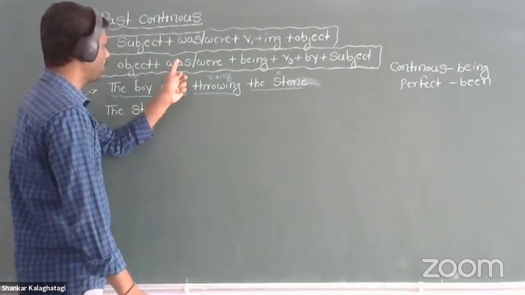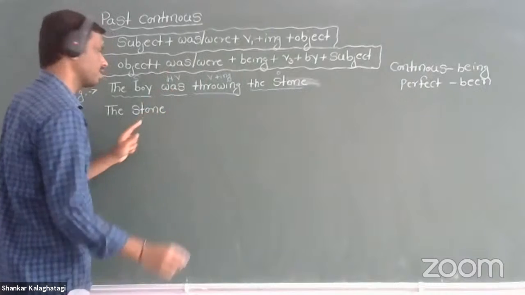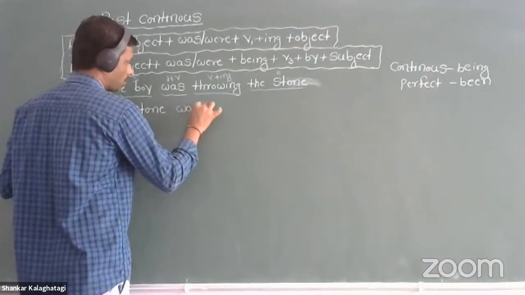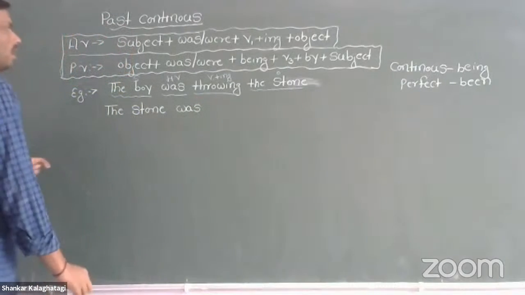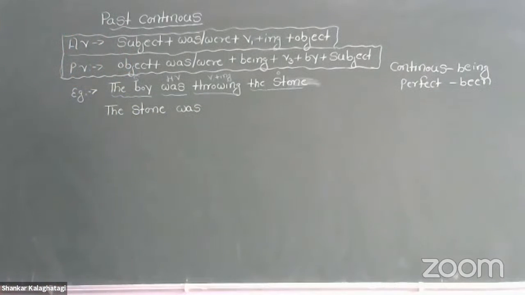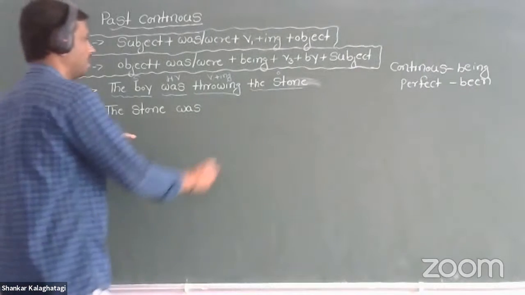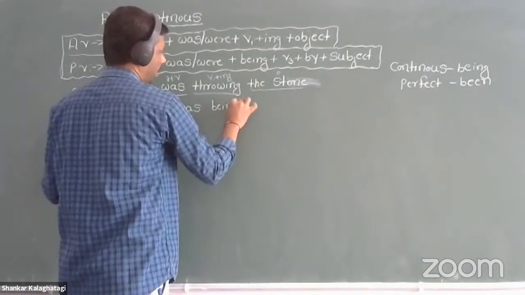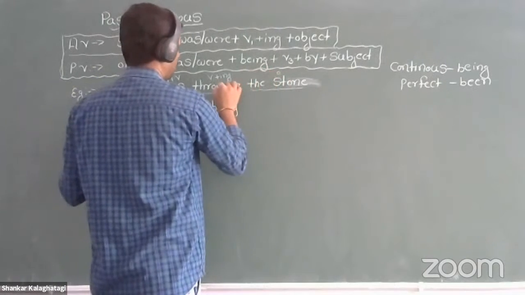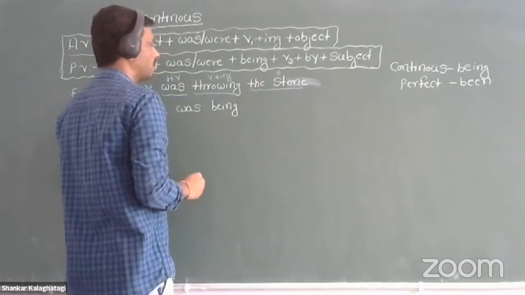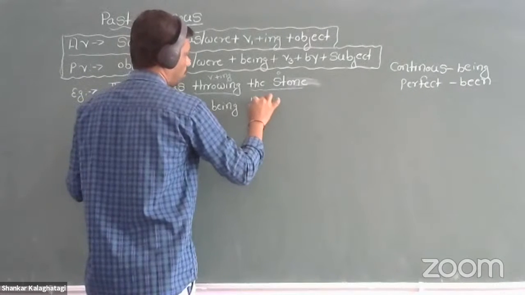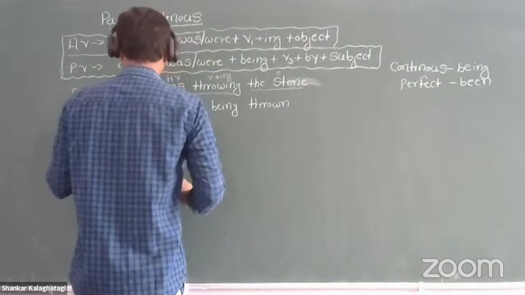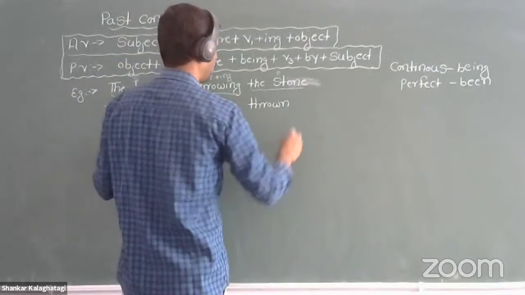After the stone, what do we write? Was or were. The stone is singular, so now use was. The stone was. After that was or were, what do we use? Being, because it is a continuous tense. Now see, throw. The third form of throw, thrown. The stone was being thrown.